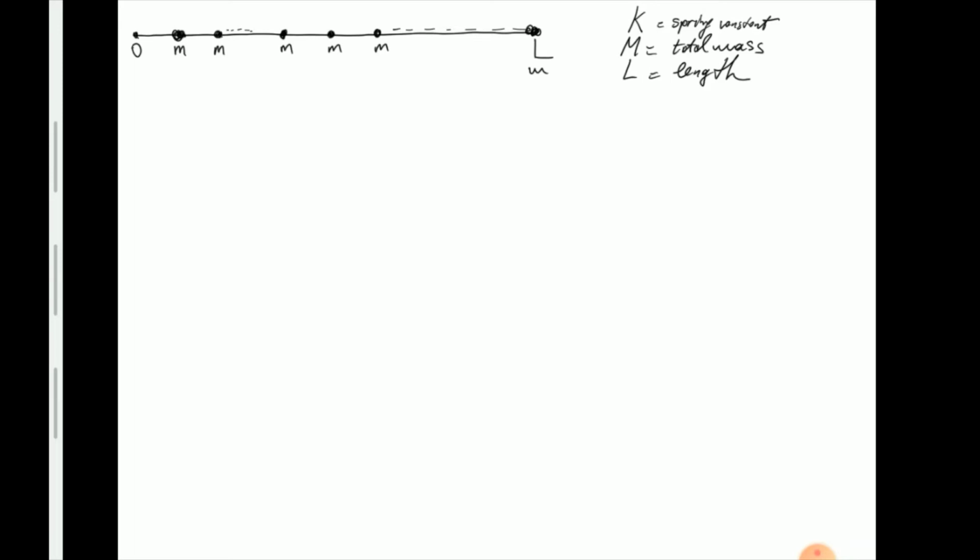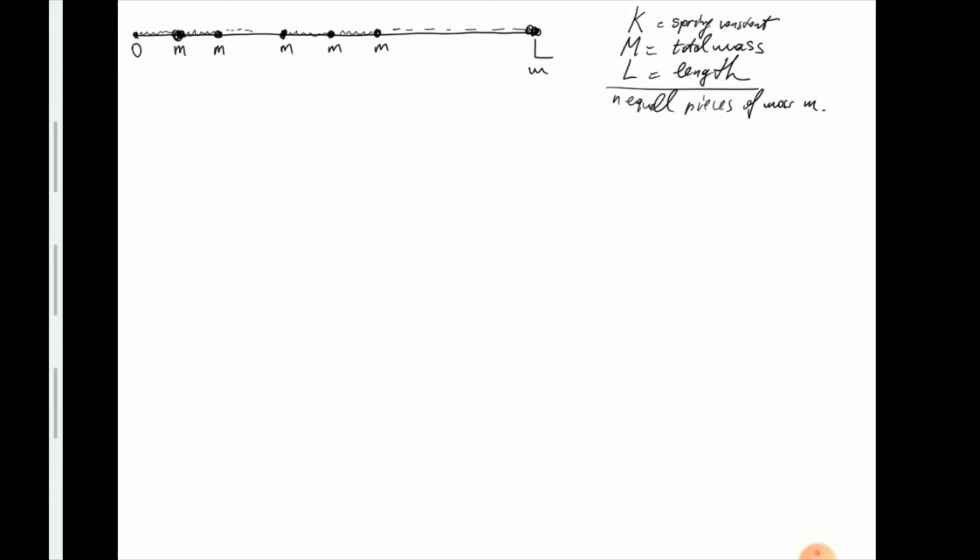And then imagine we split this into n equal pieces where the mass is concentrated. So n equal pieces of mass little m. That means in between these points we have little springs of negligible weight.